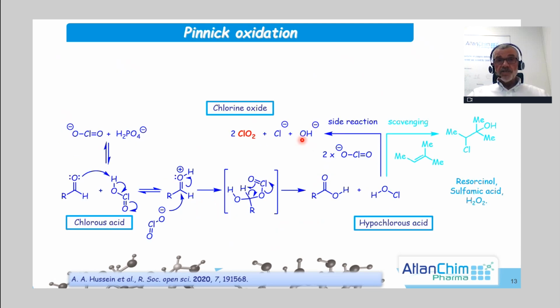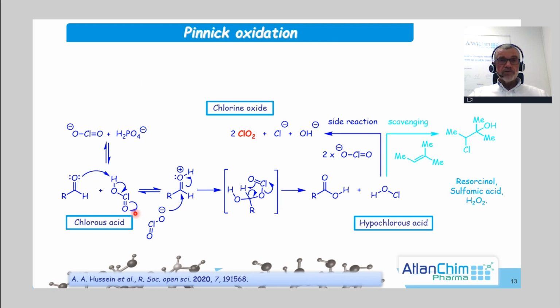In any case, the reaction mechanism of the Pinnick oxidation is still not fully understood, although the following proposal here is acceptable.